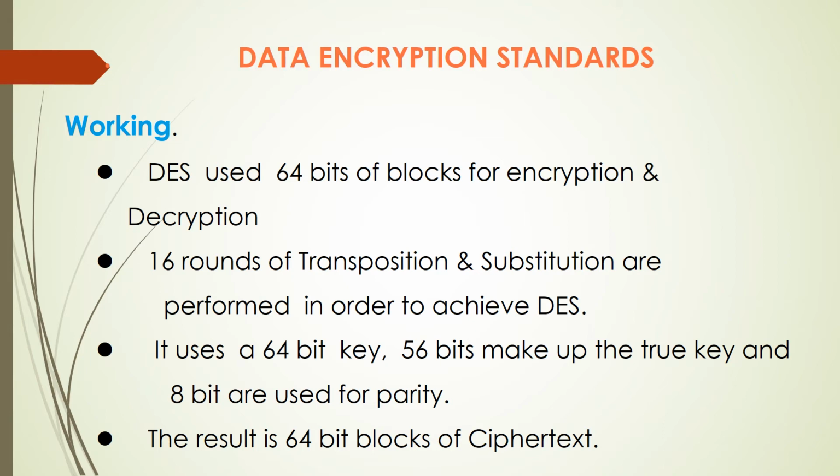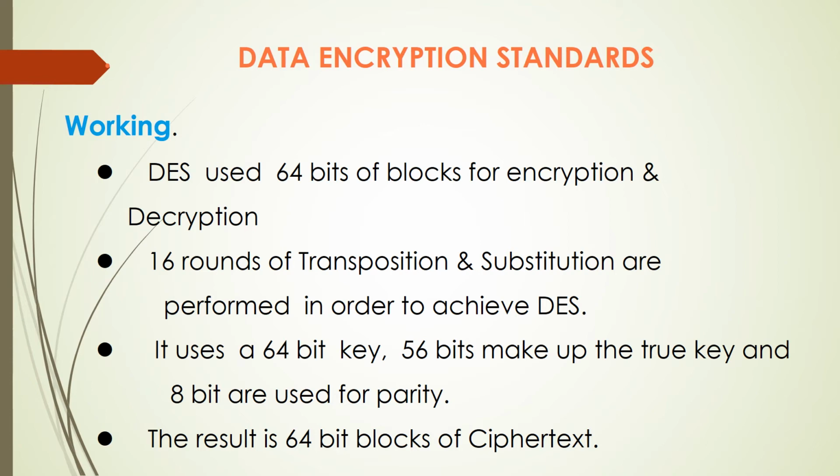Then we will talk about DES modes. The DES block cipher has several modes of operation. Each mode specifies how a block cipher will operate. The DES modes are: number 1, ECB mode, that is electronic codebook mode.